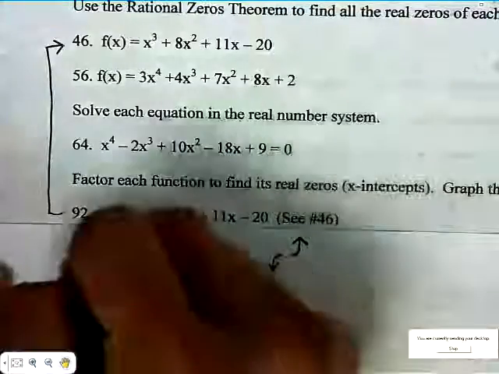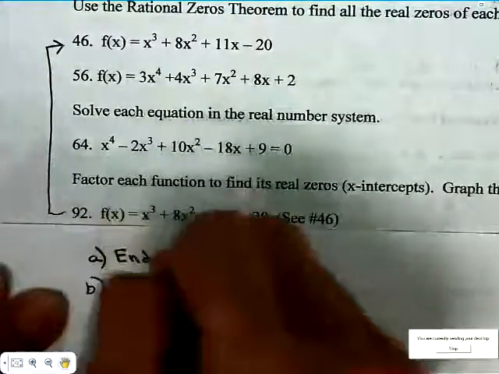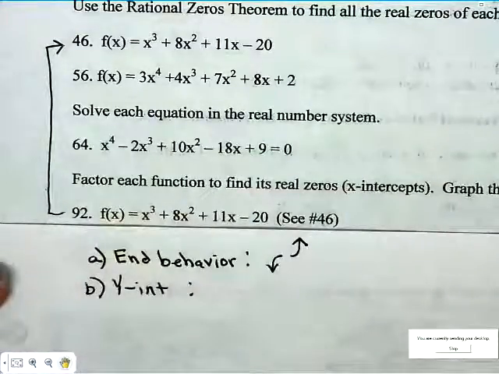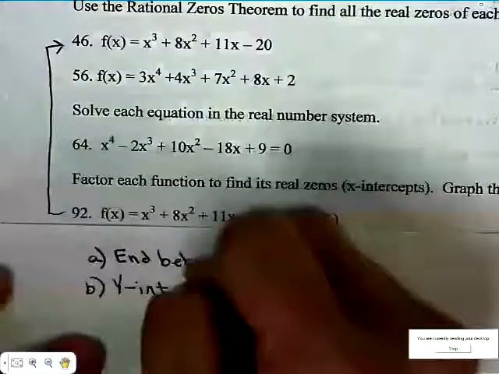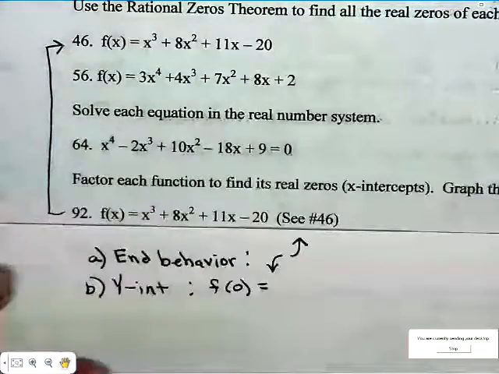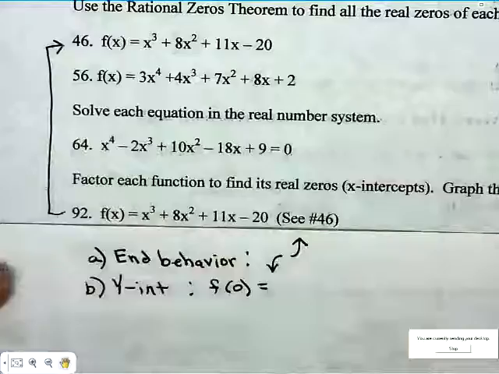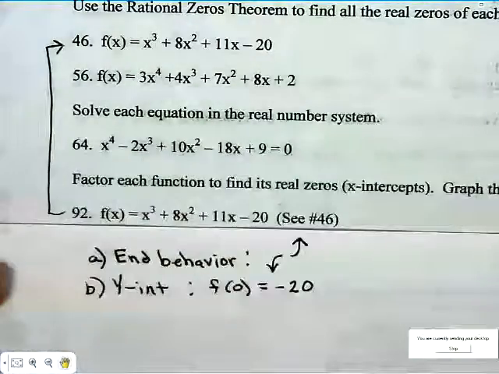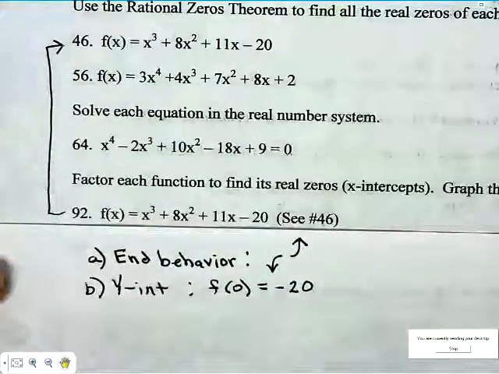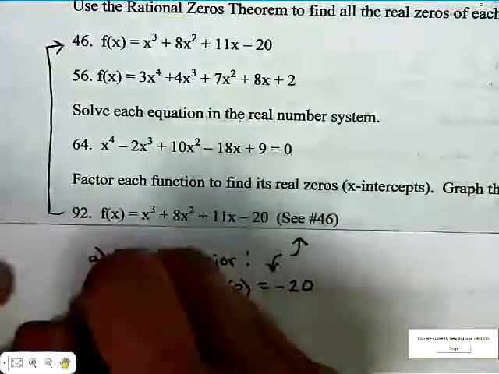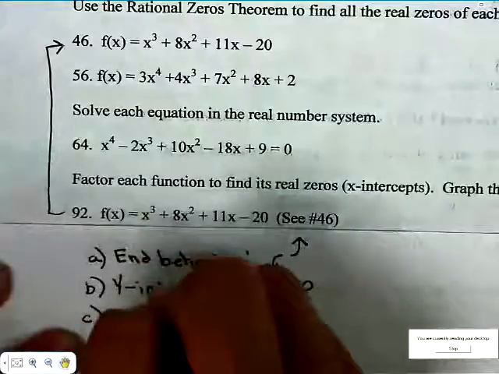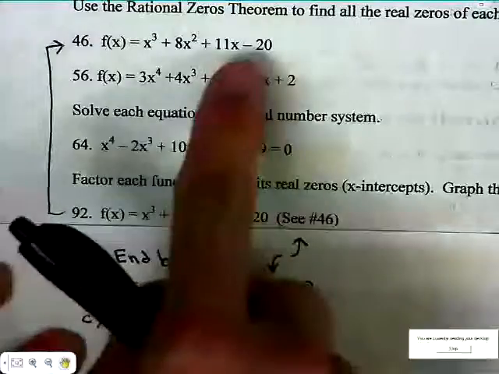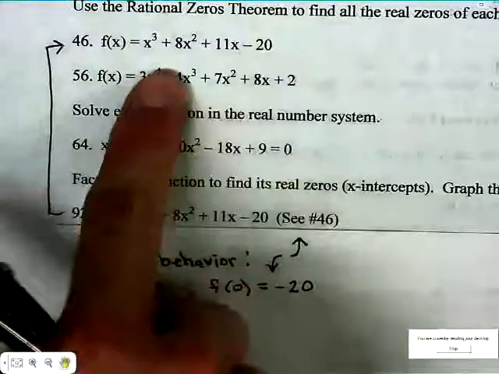And then I could ask you for the y-intercept. How do we always find a y-intercept? Let x be 0. That's easy to do in this problem. If you let all the x's be 0, all that you'd have left is negative 20. So negative 20 is the y-intercept. The C part, the x-intercepts, that's what we were finding in number 46 when we found the real zeros.